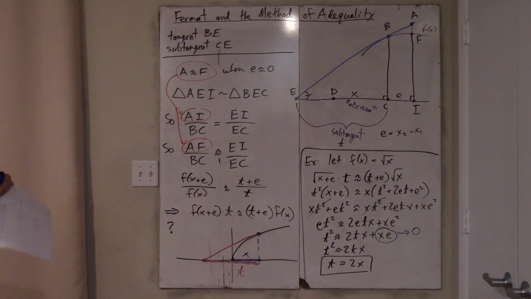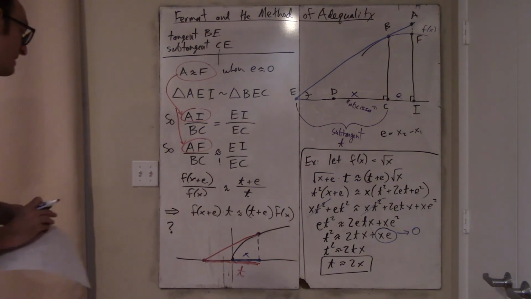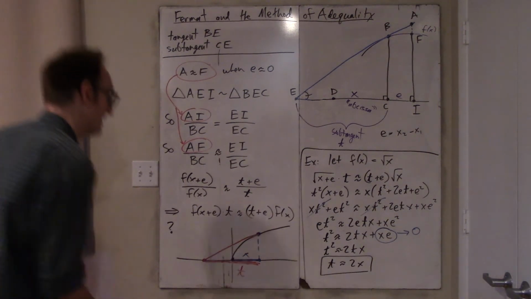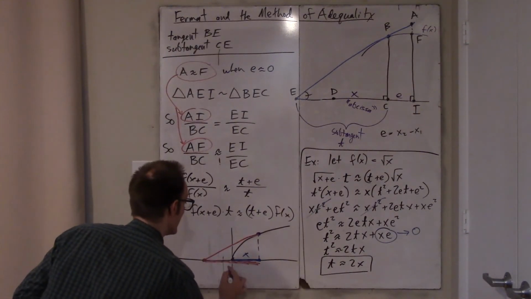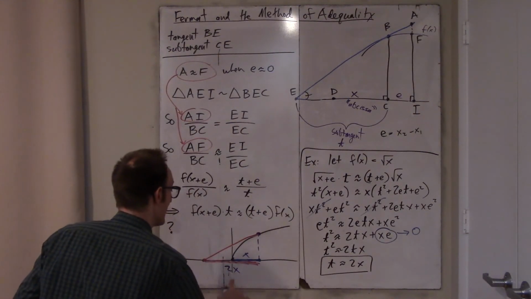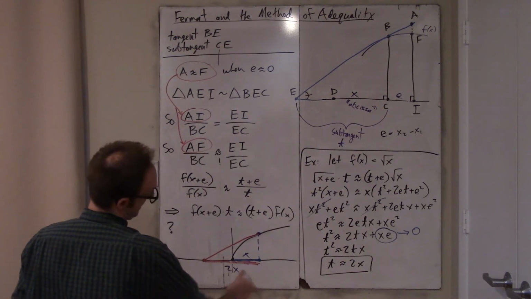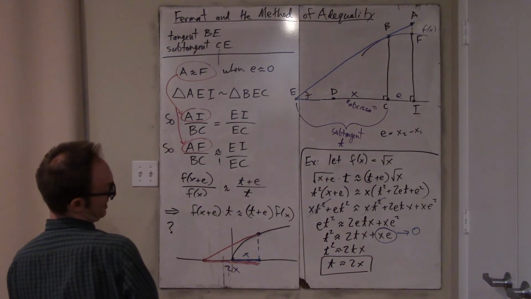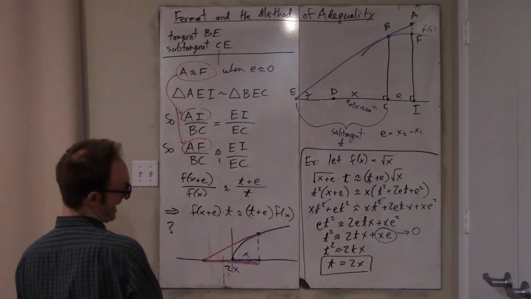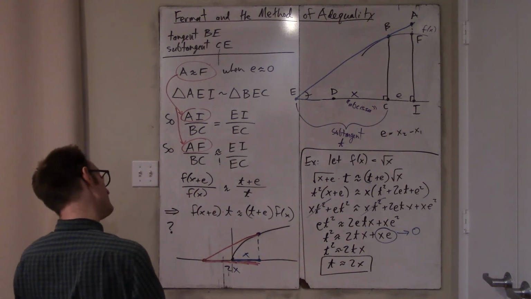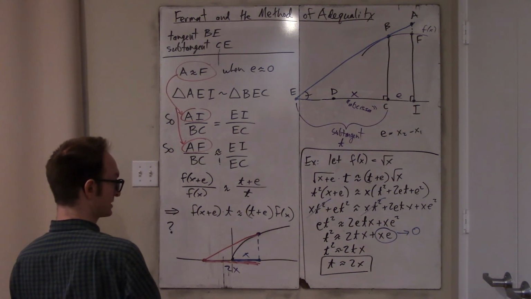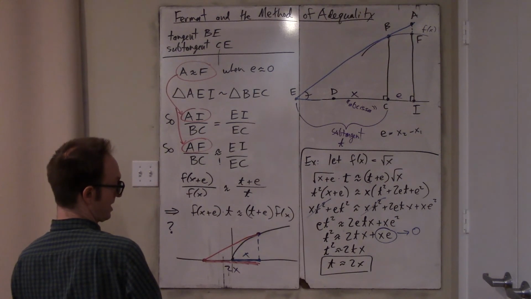Okay, and putting this into modern terms, how would we do that? If that's true, then this t is in fact 2x, and this is x. If this is x, then what have I shown about the slope of this thing?